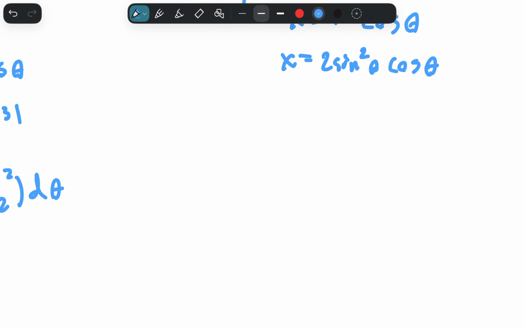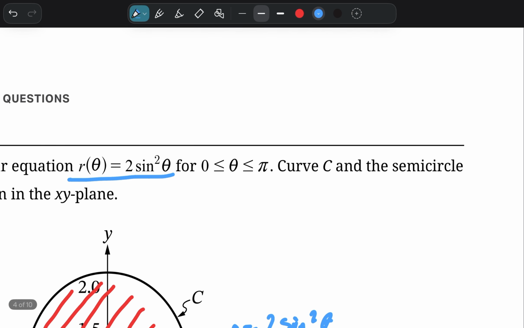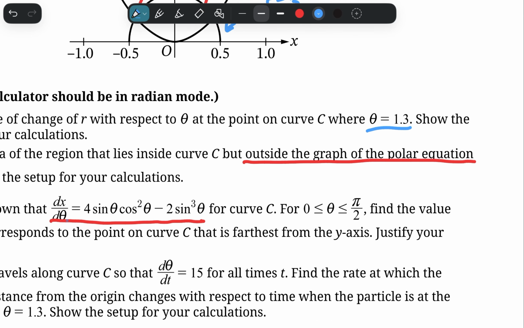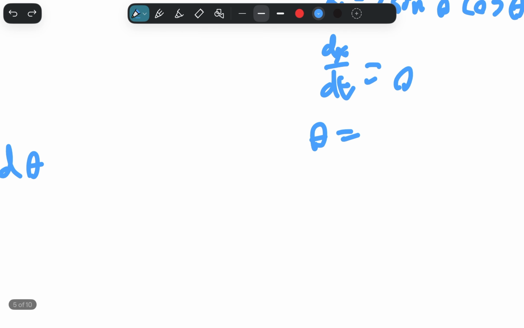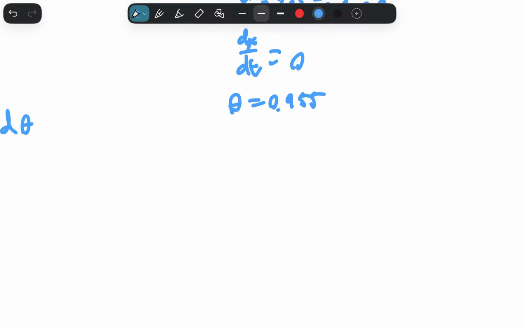So we set dx/dθ equal to 0, and remember, guys, we have to set this function equal to 0. So θ is roughly equal to 0.955. So now we have our candidates.